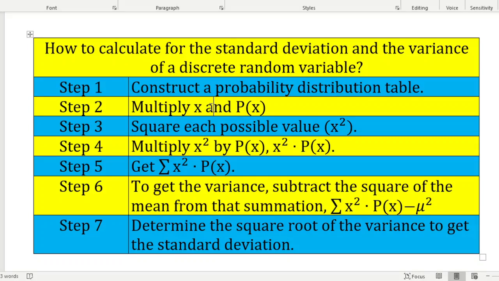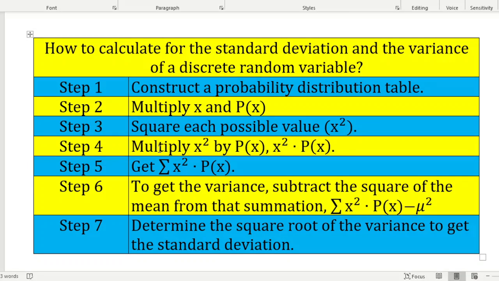Step 2. We multiply x, which represents each possible value of our random variable, by its corresponding probability. In this step, we can get the mean of our discrete random variable. The third step is to square each possible value, that is x squared.